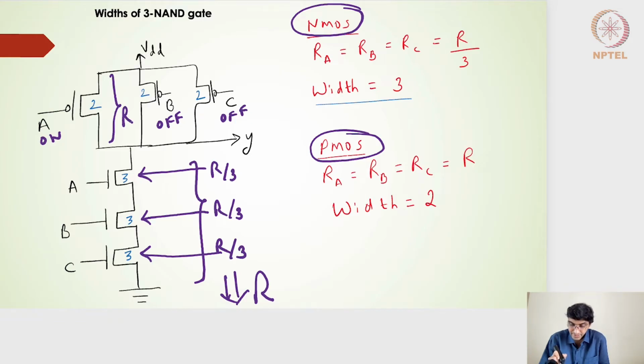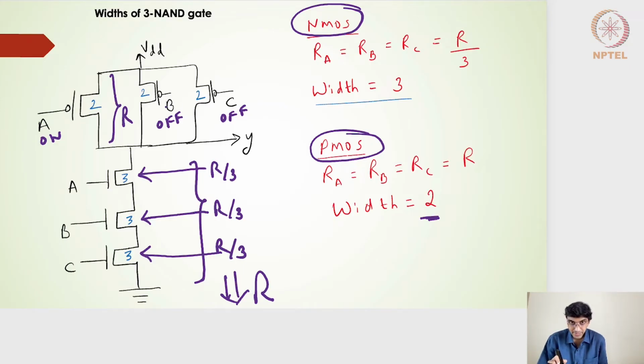The width for the 2:1 inverter was 2, which gives the rising resistance as R. Therefore, the width here for the 3-input NAND gate on the pull-up side should also be 2, right? A width of 2 for a PMOS transistor will give me a resistance of R. So that's why for transistor A, I have written the width of 2.